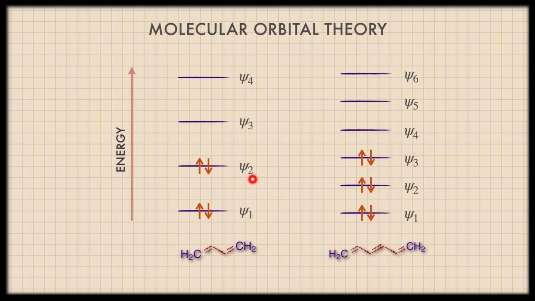So if you look at these two, the energy difference between chi 2 and chi 3, which is the HOMO and the LUMO of this particular molecule, is slightly higher compared to chi 3 and chi 4, which is, now this is the HOMO of this molecule and this is the LUMO of this molecule.